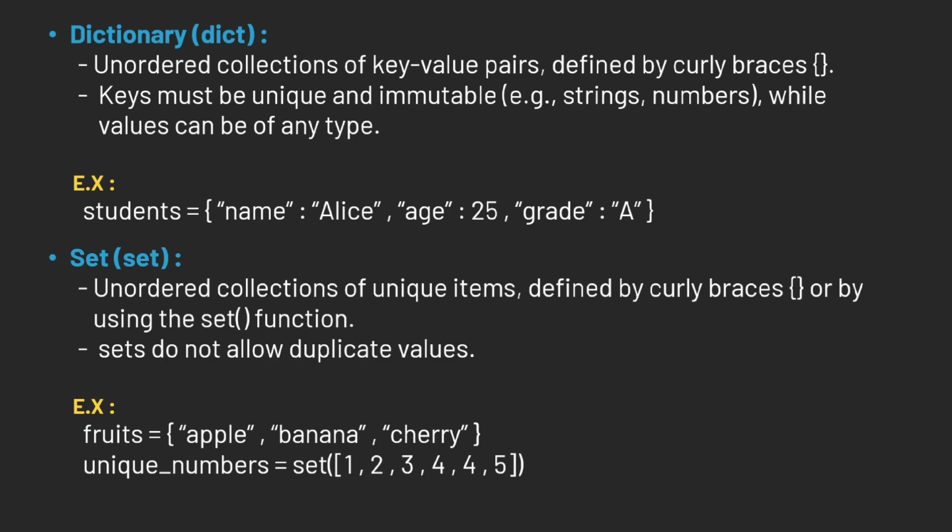Example of sets are given below. In fruits, we have unique fruit names. In unique numbers, duplicates are automatically removed. Remember, dictionaries are great for mapping keys to values, while sets are useful for ensuring uniqueness.